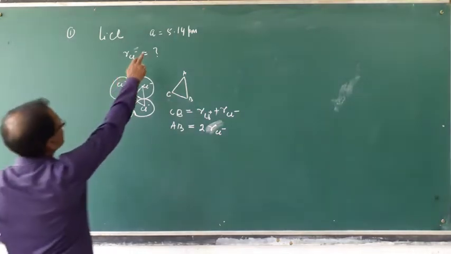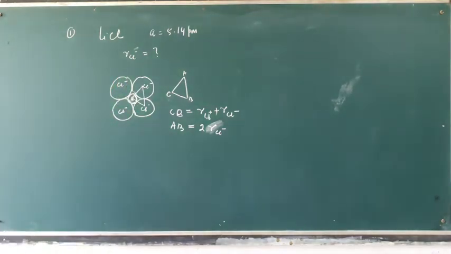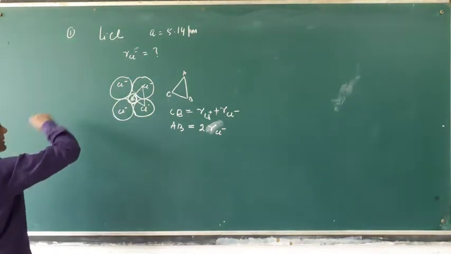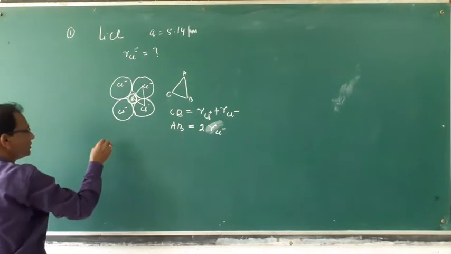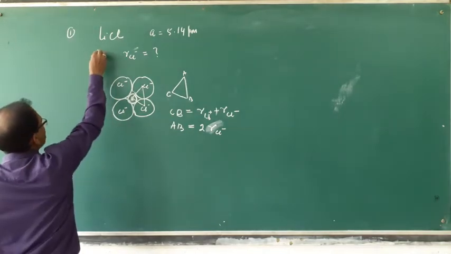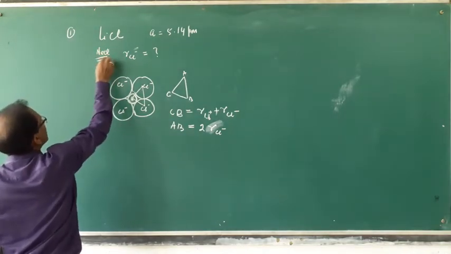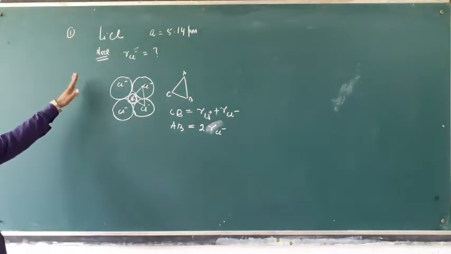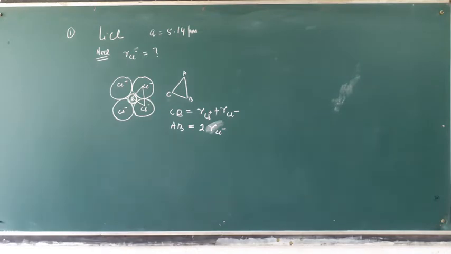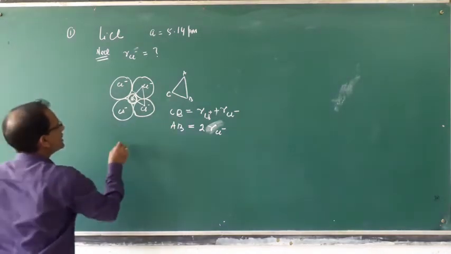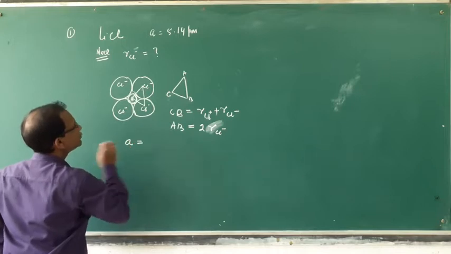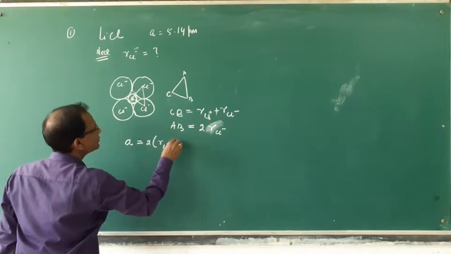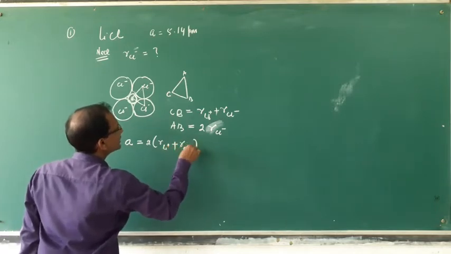As edge length is given, we know that as it is lithium chloride crystal, cation anion, here it is NaCl type. Just like NaCl type, it is not given but you have to remember this NaCl type, and for this edge length is equal to 2 times of R lithium ion plus R Cl minus.